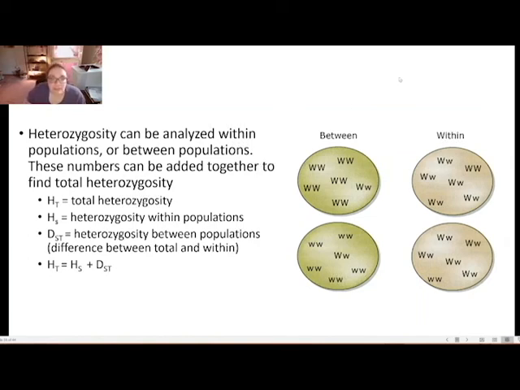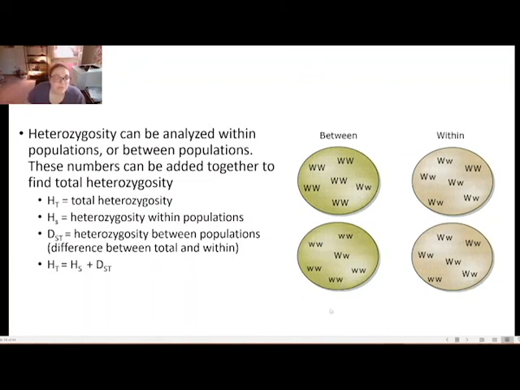If you look at the example in the photo, we'll say green is a species and brown is a species. Each species has the same number of big W and little w, but the proportions are different within the populations and in between. For example, the species on the left has almost all of its big W's in the population up top, whereas most of the little w's are in the population on the bottom.